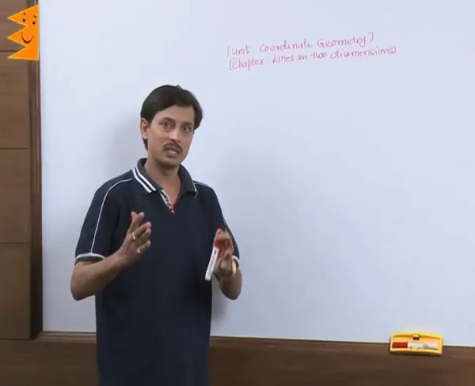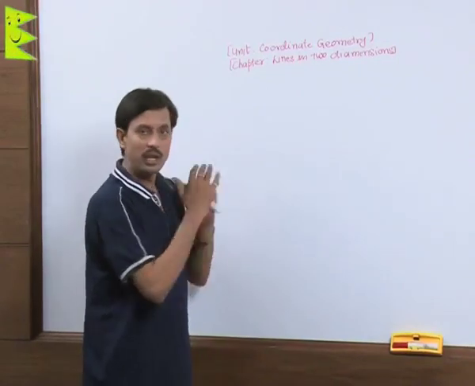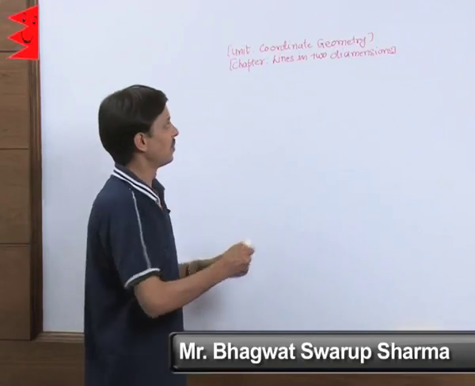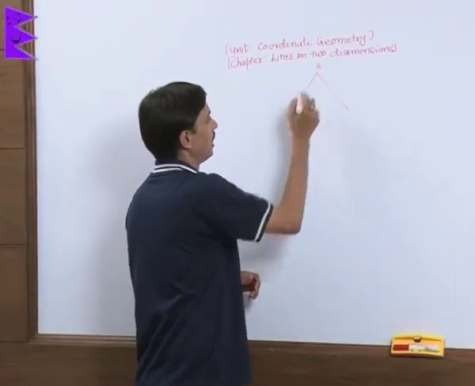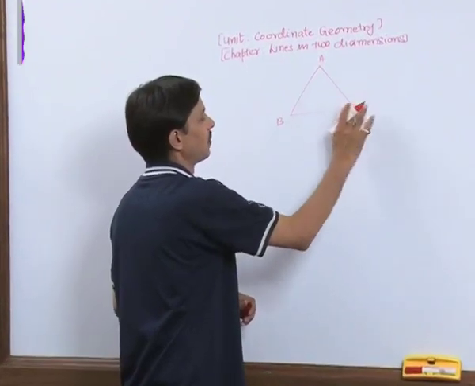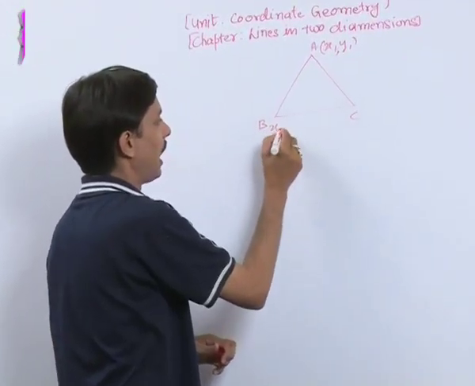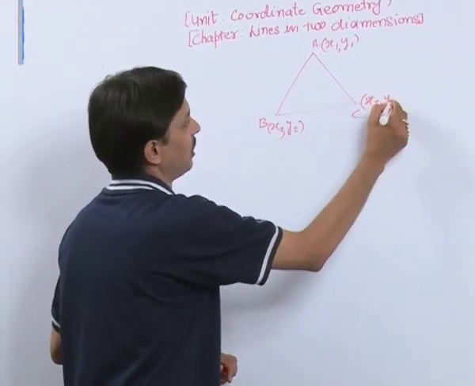Now we will discuss how to calculate the area by using the area formula in general, without the distance formula. Suppose we have a triangle ABC. This is A, this is B, this is C. Here it is x1, y1 coordinates, at B x2, y2, at C x3, y3.